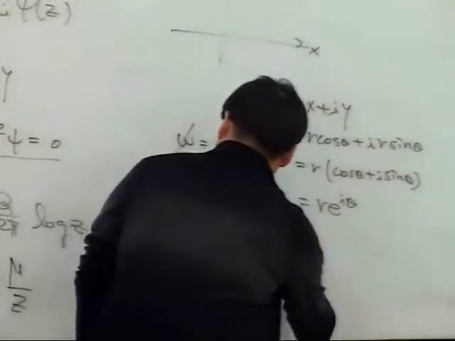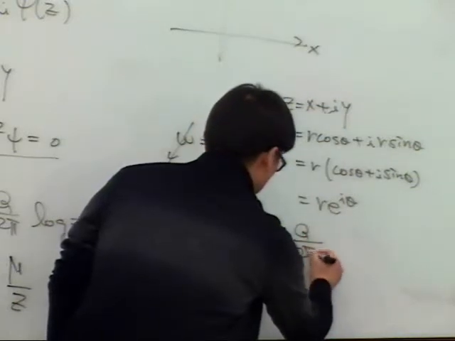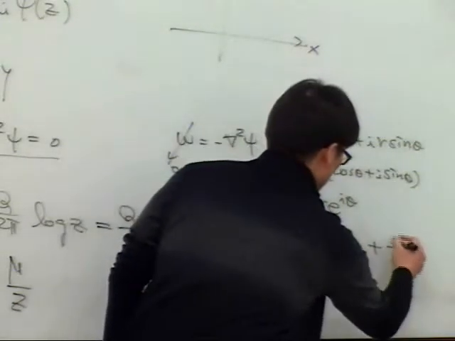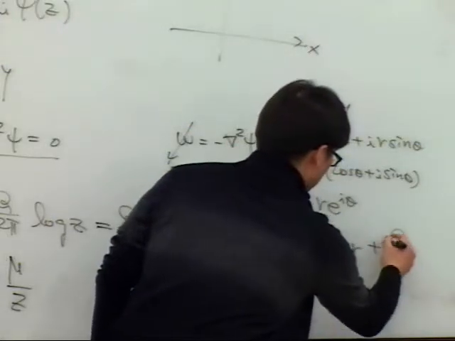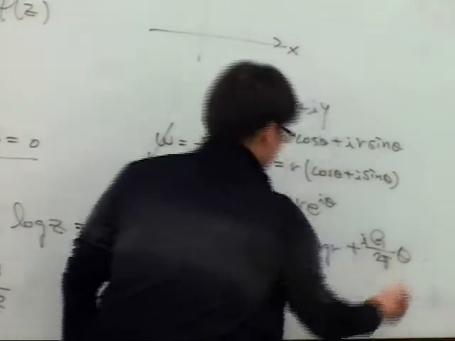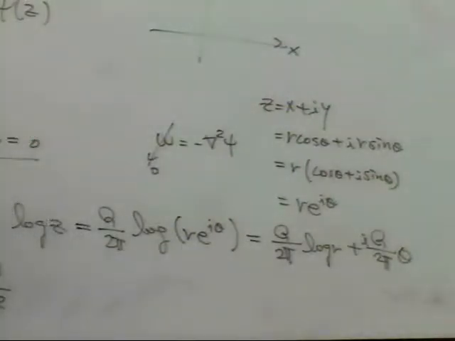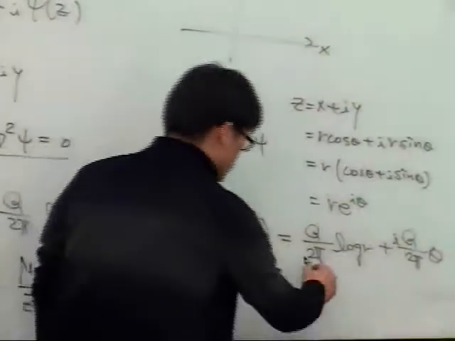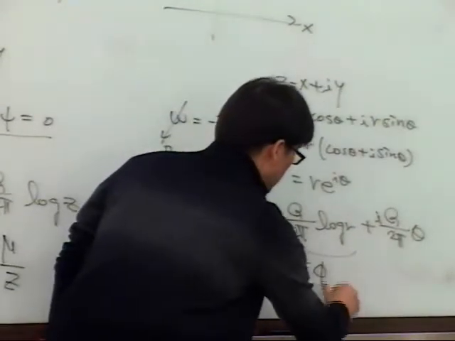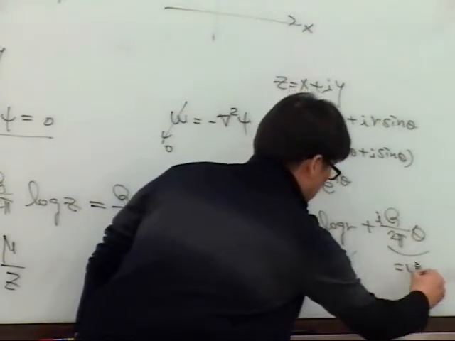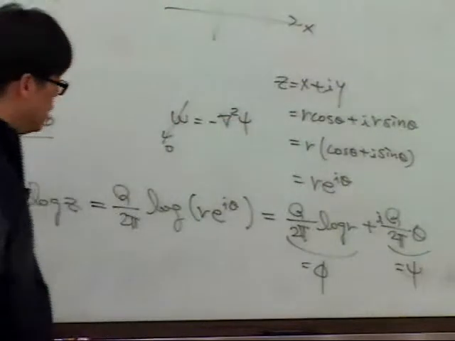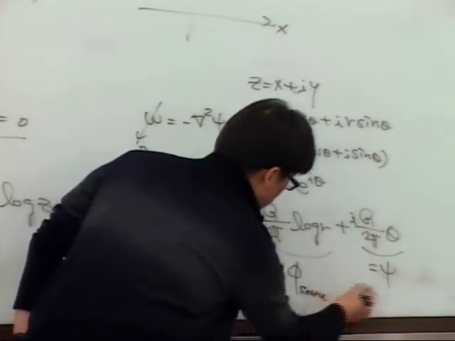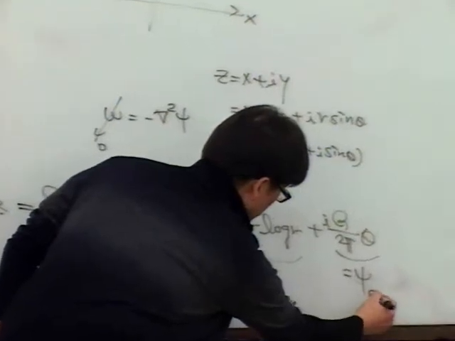And then I have q divided by 2 pi log r plus i q divided by 2 pi theta. So this is phi and this is psi.